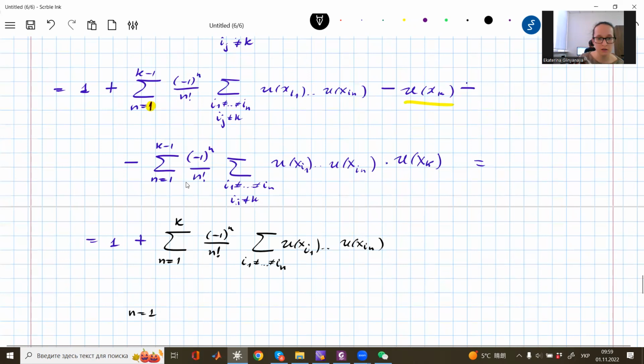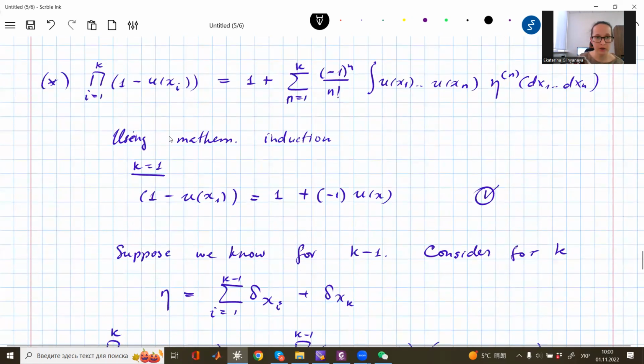When in this summation n is equal to 2, then I take here the product for indices that are not equal to k, and plus from this sum I take n equal to 1, because I have the product by u of xi times u of xk. So I will have the same summands. You can check that this is the same.